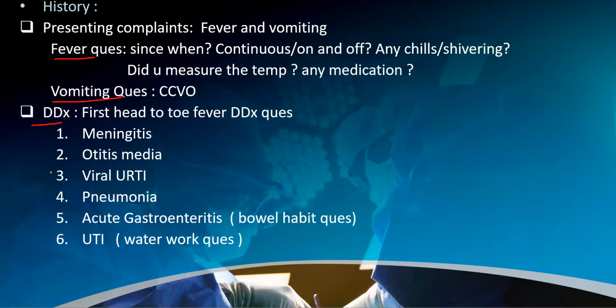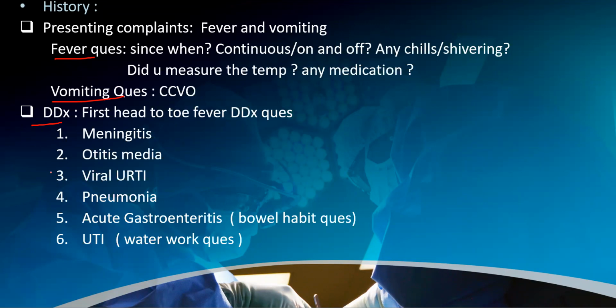All these are upper respiratory tract infection signs. Then it can be otitis media. After you are done with the face or upper respiratory tract, go down to the chest: pneumonia. Then go to the abdomen. In the abdomen, you can have two things, gastroenteritis and UTI. So that's mainly your fever-related source questions in children.